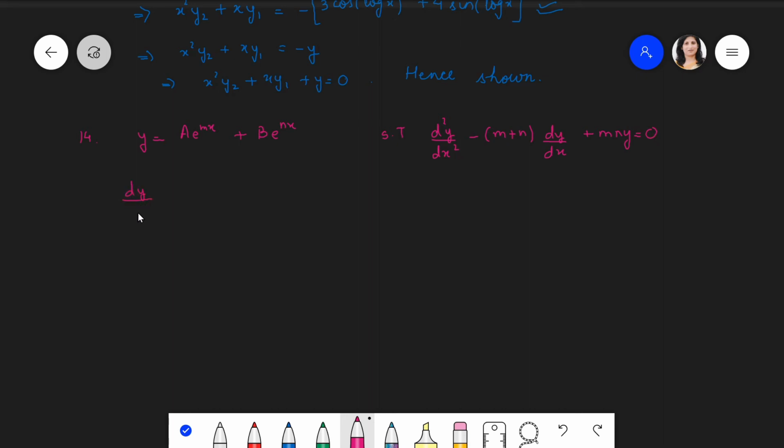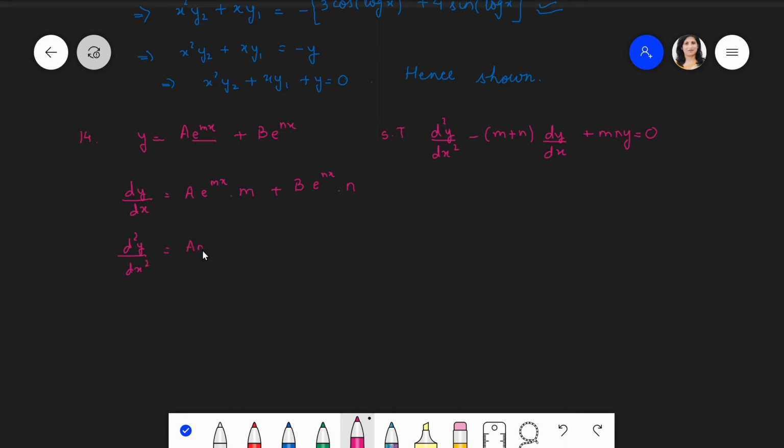So the first order derivative: a is a constant multiplied by the derivative of this exponential function. The derivative is this, because it's a composite function, we multiply by the derivative of the power also. Likewise for the second term, the exponential function multiplied by n. So that's the first order derivative, there is no term in the denominator. Then the second order derivative.